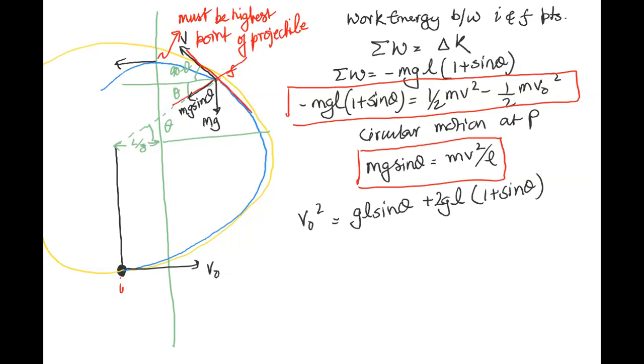And now let's talk about the projectile. For the projectile, it starts from this point. So this distance must be L cosine theta. And this distance must be half the range of the projectile. If the topmost point is supposed to be here, then this distance must be half the range of the projectile.